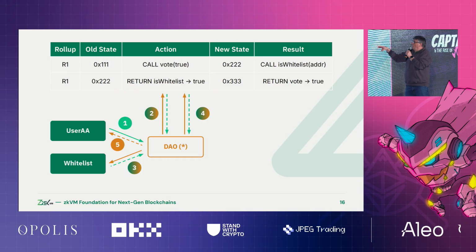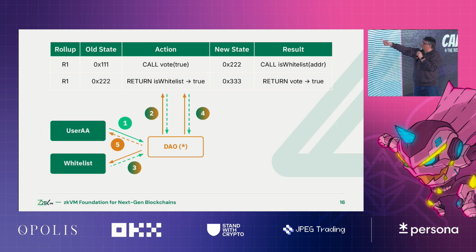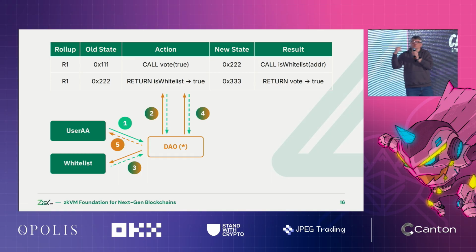And the result is going to be another call. So this DAO is going to do the call to the whitelist. It's going to emulate this call. The call is going to return, okay? And then this return, it will check in this execution what happened if you execute it with the new state, in this case, the 0x2 in there. Well, you get another return, and then this emulates back the return to the user A.